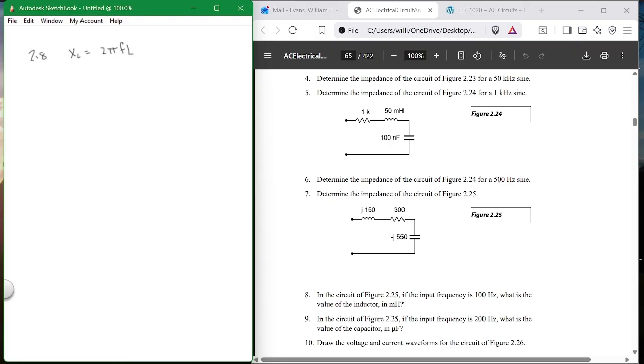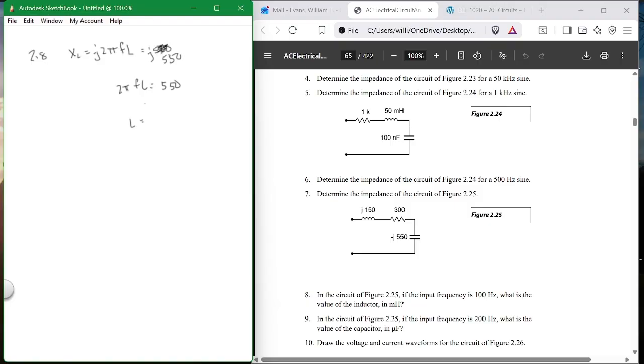So now we go back and we look at it and see this is equal to minus J 500. So you can just basically say 500, okay? You could drop the minus J. Minus J is equal to minus J, but you can drop out the minus J. So 2 pi FL is equal to 550, all right? So what is L?